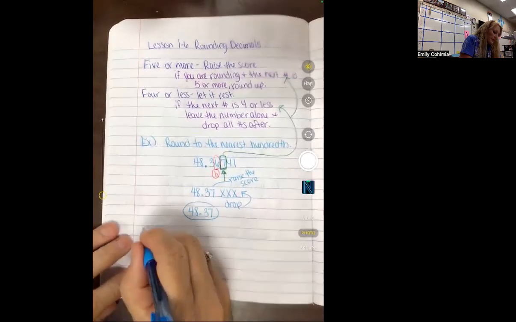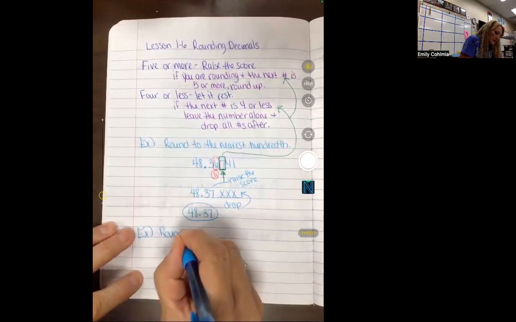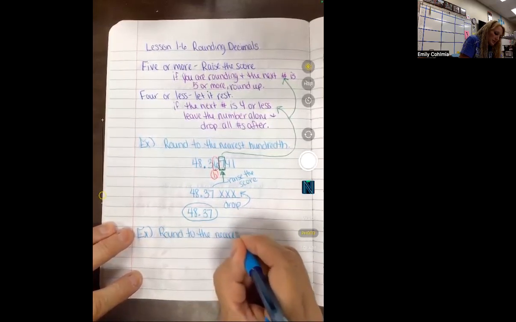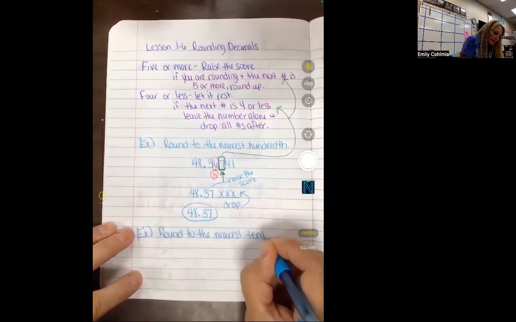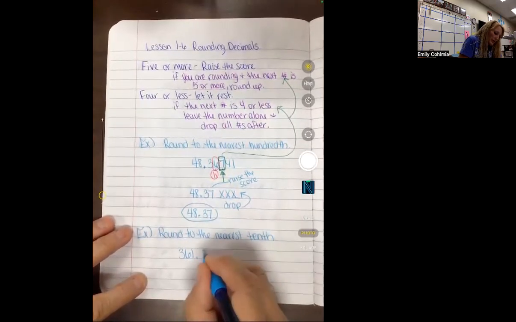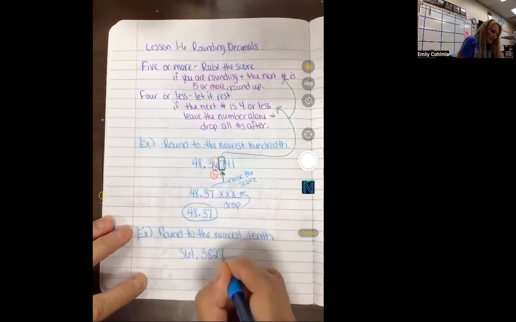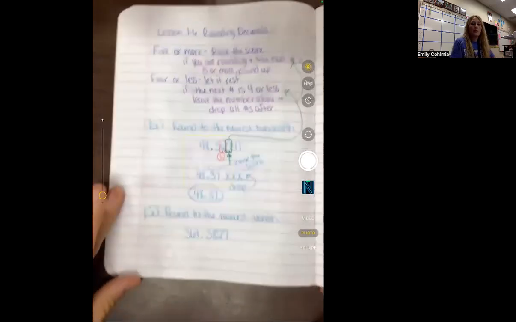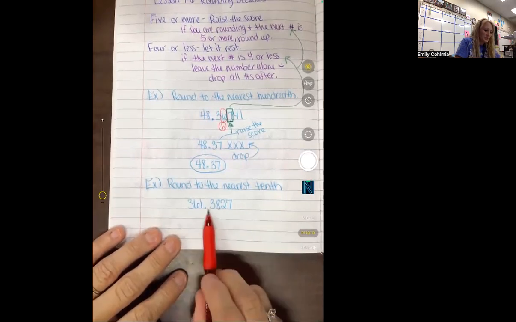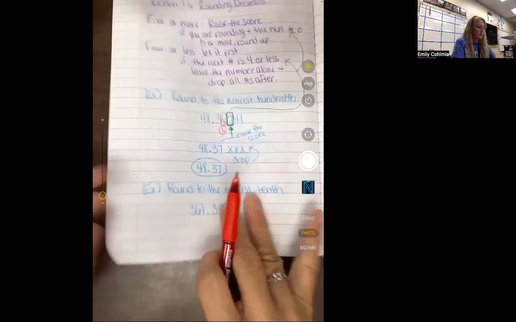Let's try another one. So we're going to round to the nearest tenth. And this time we're going to do 361.33827. And we're going to round to the nearest tenth. So again, we're going to find the tenth place. We know that the tenth place is 1 after the decimal place.